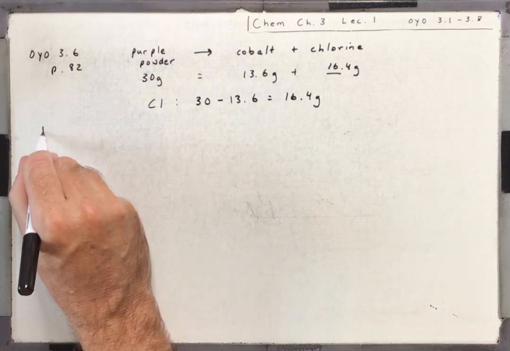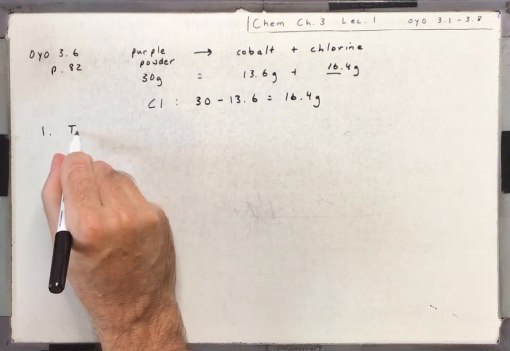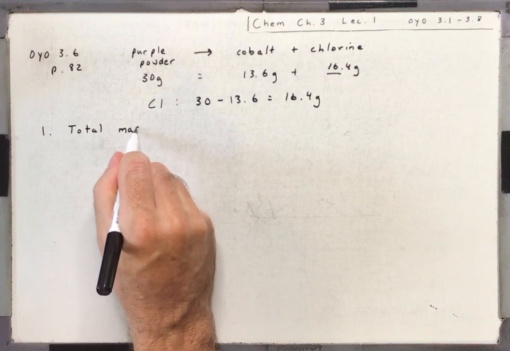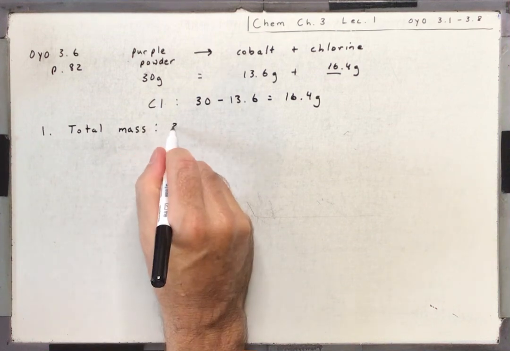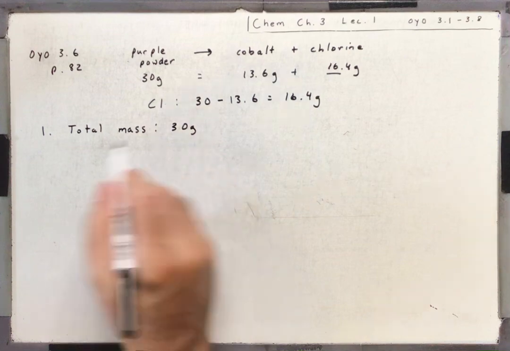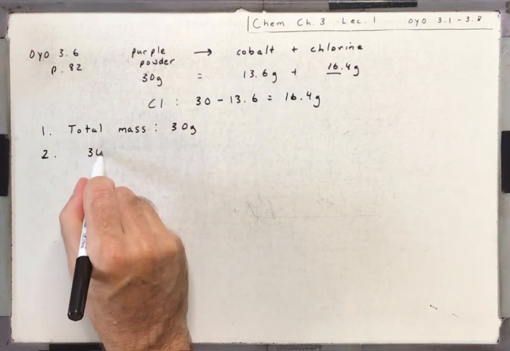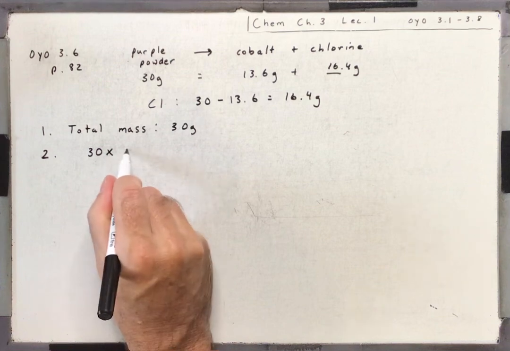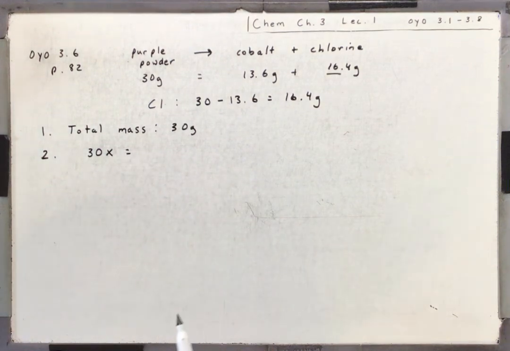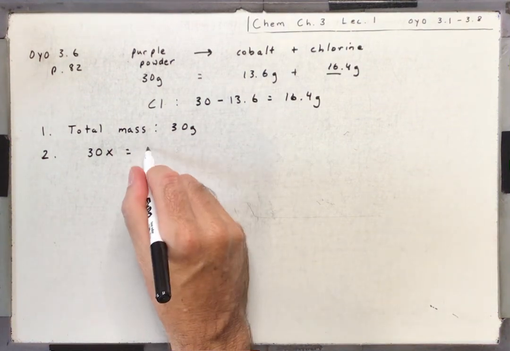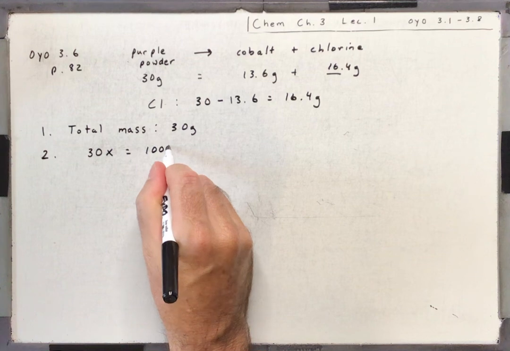All right, so step 1, the total trial run mass is 30 grams. That was given to us in the problem. Step 2, we have an equation, 30 times x, and we have to set that equal to the total mass desired. All right, our total mass desired is a kilogram, but we're in grams, so we set that equal to 1,000 grams.